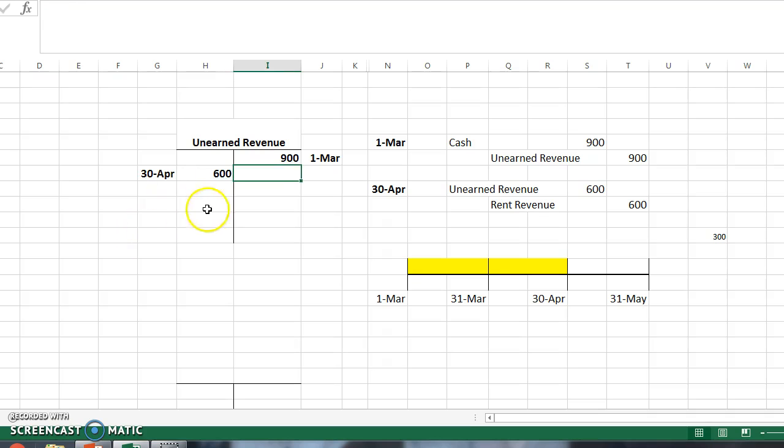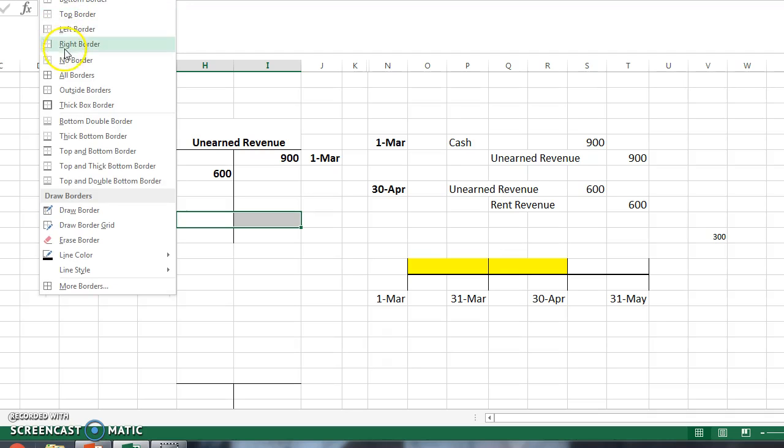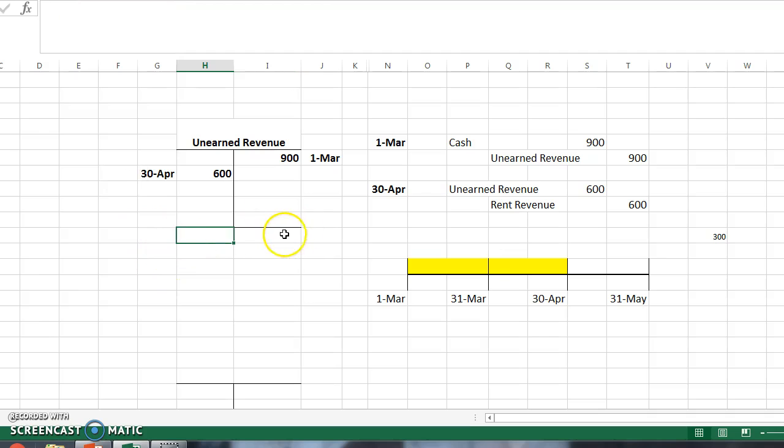So what is my balance now? Let's draw a line here. Well, a $900 credit and a $600 debit nets me a $300 credit balance in unearned revenue. And that's at the end of their fiscal period, April 30th.